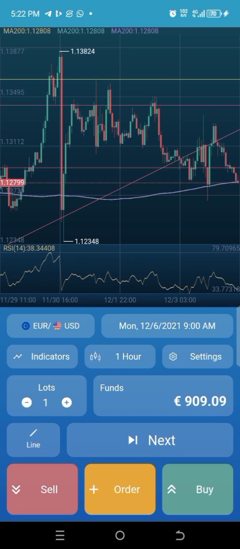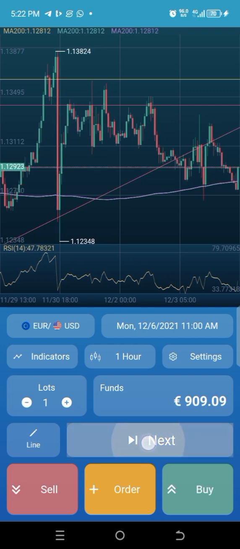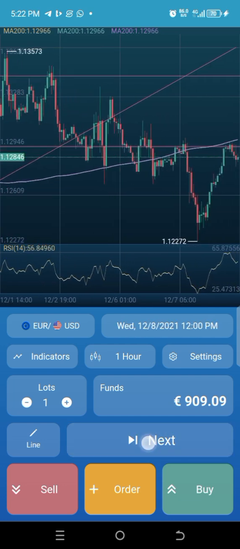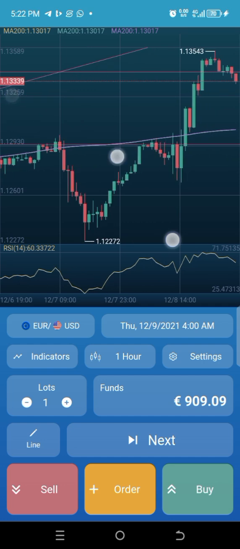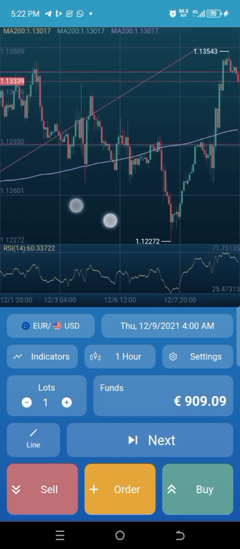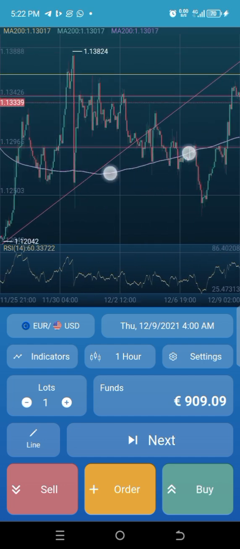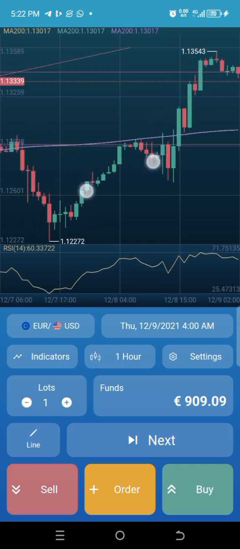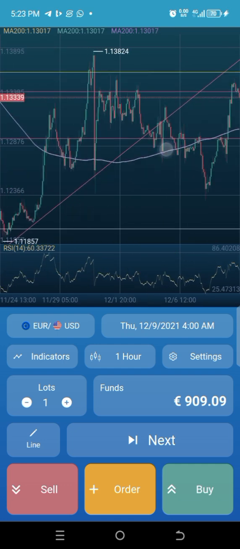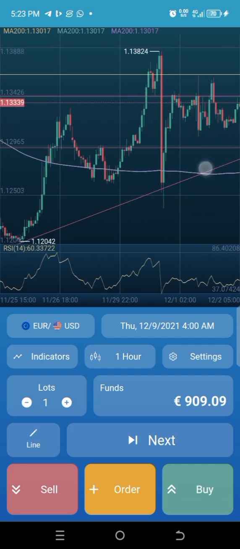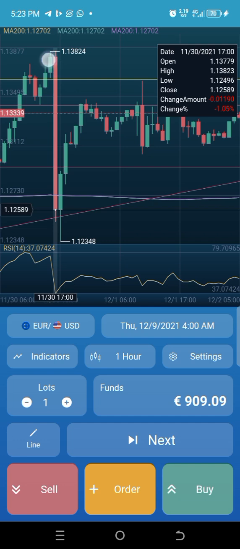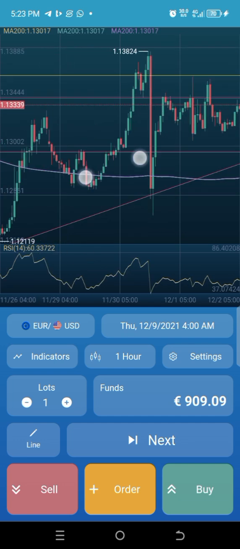Okay, ladies and gentlemen, we're entering here. Yeah, let's enter there. That's what RSI says. 76 overbought.